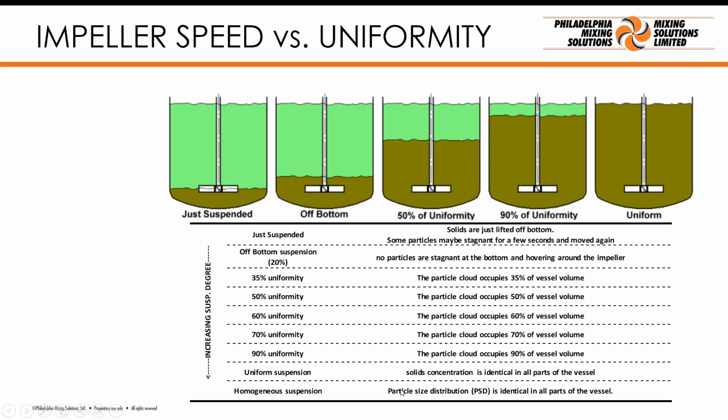The particle size distribution is the same at all parts of the vessel. This definition of particles being stagnant for a few seconds or more was first proposed by a guy called Zwietering back in the late 50s, published in Chemical Engineering Science, and is one of the classic papers on solid suspension. And we'll refer back to this idea of a few seconds as we move along.